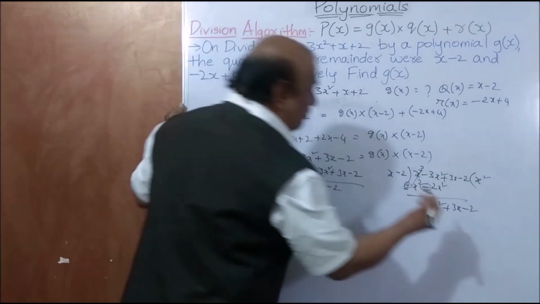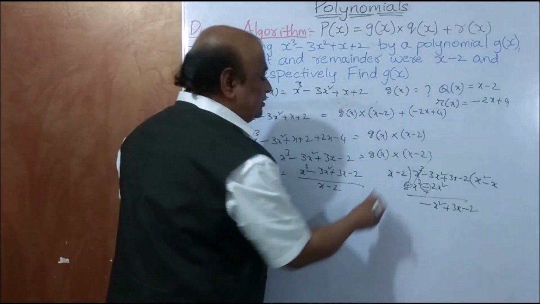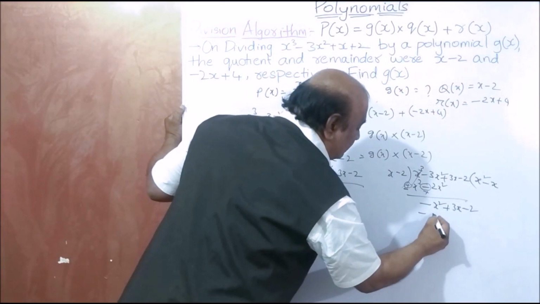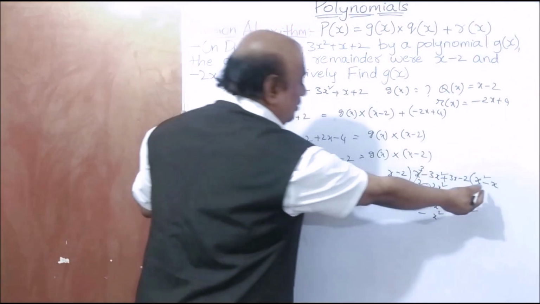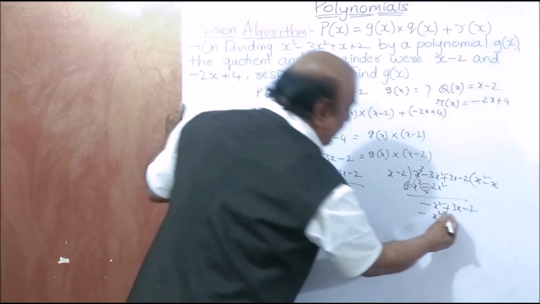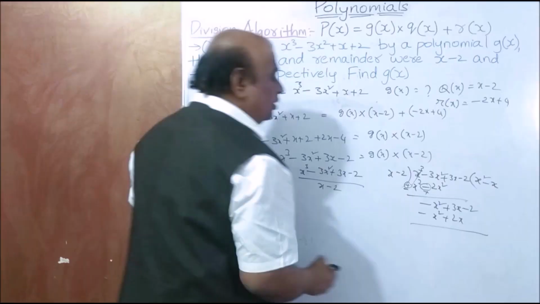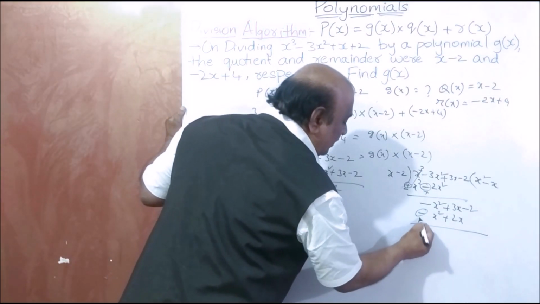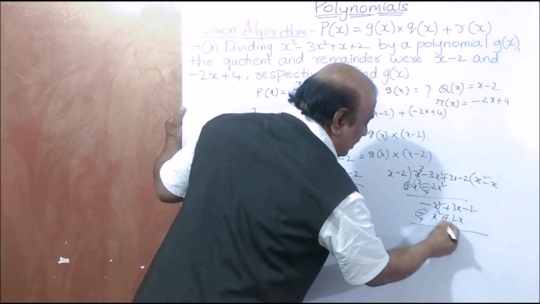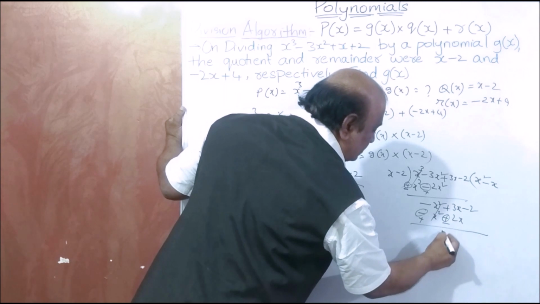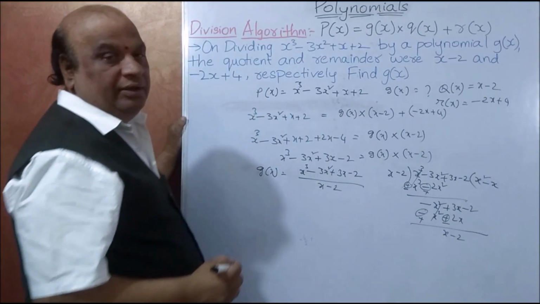It is minus x, that is minus x square. After that, minus into minus, plus 2x. Now it becomes plus, cancel. This is x minus 2, we are getting x minus 2.